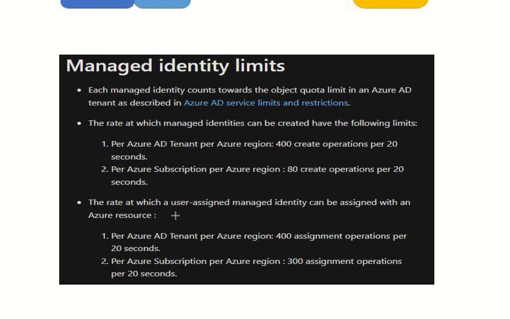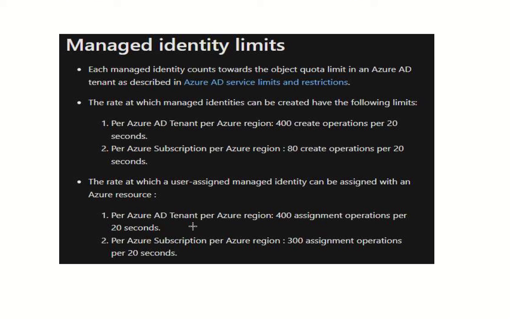Now the rate at which a user assigned managed identity can be assigned to an Azure resource: per Azure AD tenant, per Azure region, 400 assignment operations per 20 seconds. Again, per Azure subscription, per Azure region, 300 assignment operations per 20 seconds. These are the limits we have to keep in mind. So per 20 seconds, you can perform 400 create operations at the tenant level, and at the subscription level, you can perform 80 create operations.